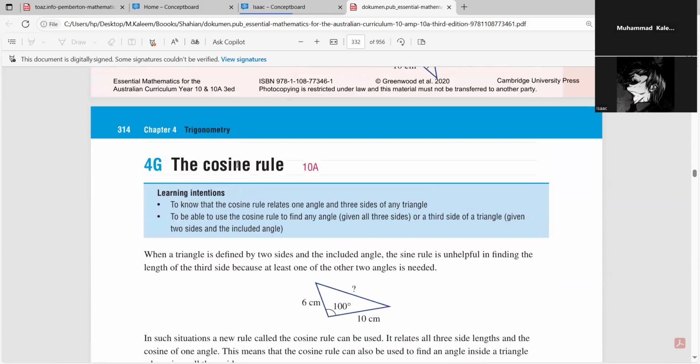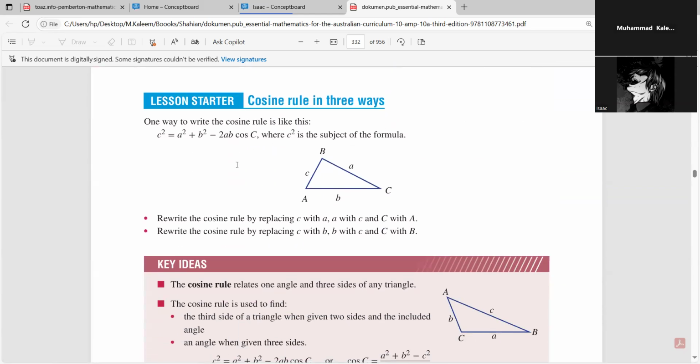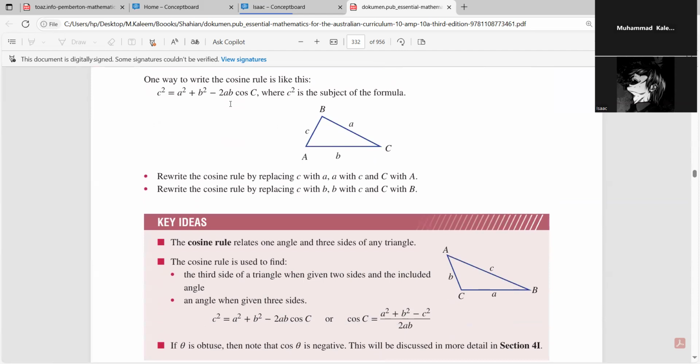Firstly, we have to understand what a cosine rule is. This formula is known as the cosine rule: c squared is equal to a squared plus b squared minus 2ab cos C. We also have different forms of this one. If a squared is required, then change this formula.